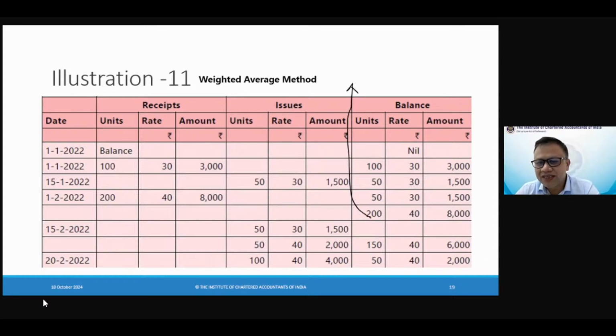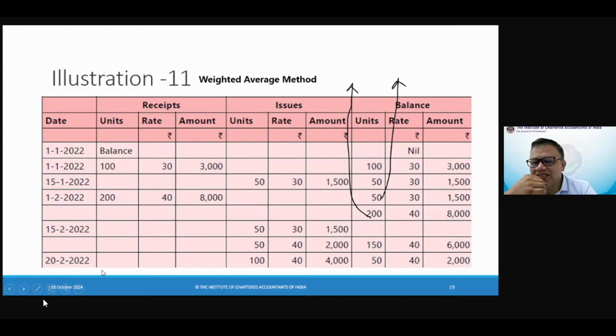Now you have got 200 units, and you have also got a 50 units balance, because out of the previous stock of 100 units, when somebody asked on 15th January for 50 units to give to a customer, you took 50 units from that 100.